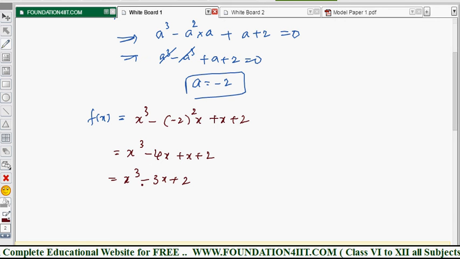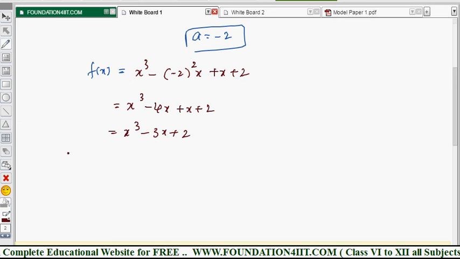Then we need to factorize this. By the trial method, test with plus or minus 1 and plus or minus 2, since the constant is 2. So this time taking plus 2, to test whether x plus 2 is a factor or not, just test with f of minus 2.